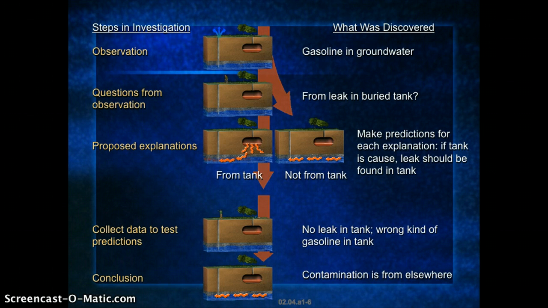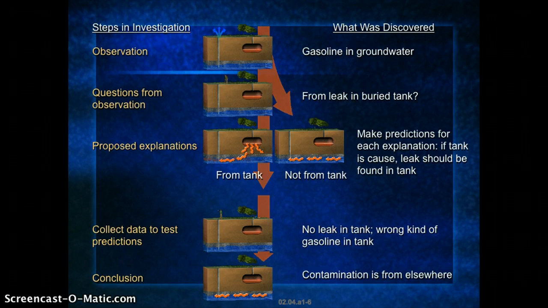You don't have to follow the cookbook recipe exactly, but you do need to proceed through these steps in order for something to be considered scientific. We typically start with an observation. In this case, it's gasoline in the groundwater, but it could just as easily be that an earthquake occurred or a volcano erupted. And the observation raises questions.